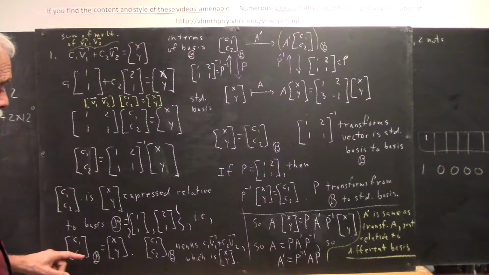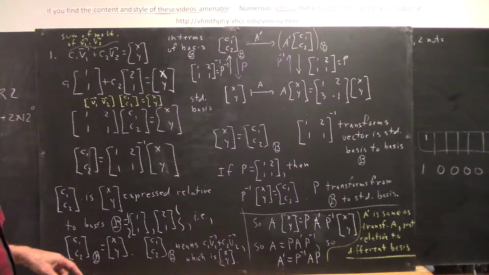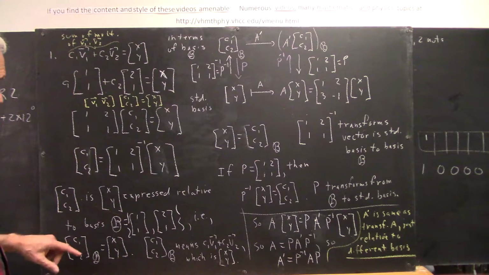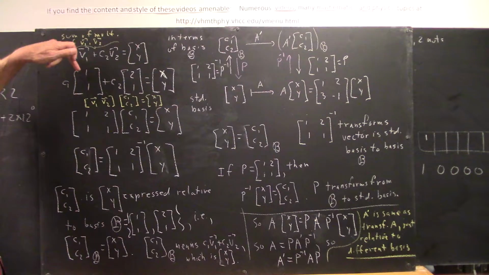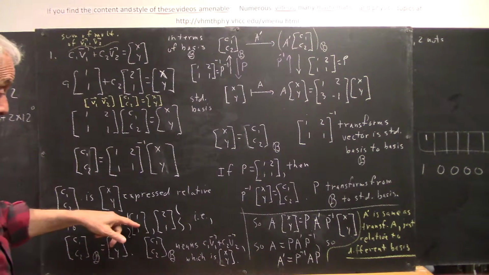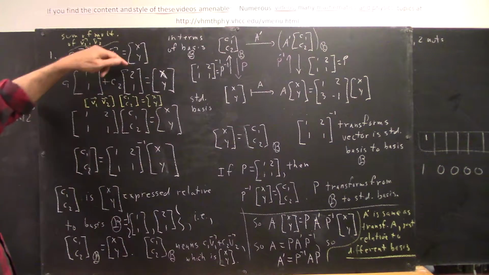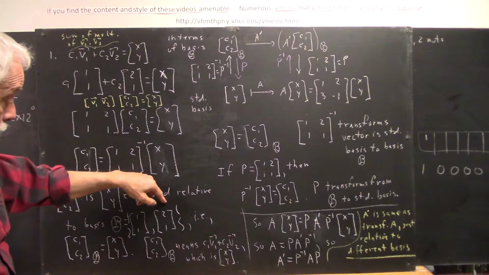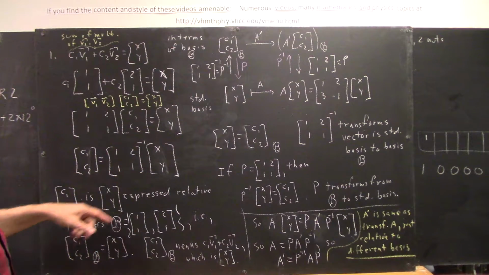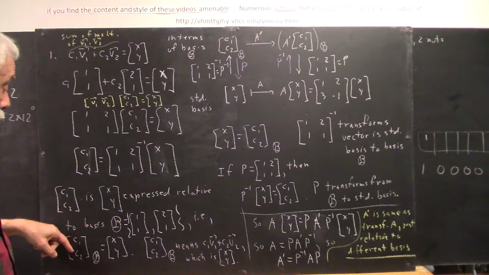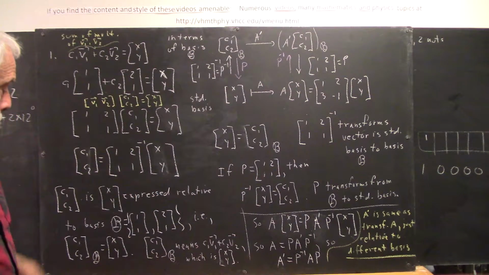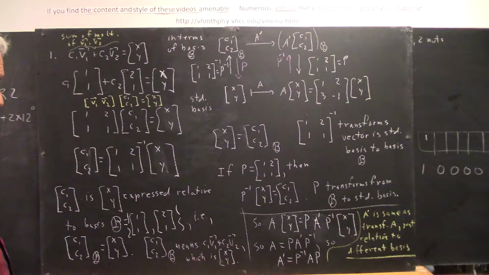So c1, c2 with a subscript B means that whatever the vector is, you obtain it by multiplying c1 by your v1, your first vector in the basis, and c2 times the second vector in the basis. So again, c1 times the first vector in the basis plus c2 times the second vector in the basis is equal to the xy vector. Okay.